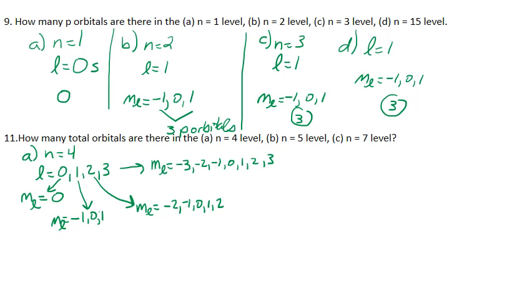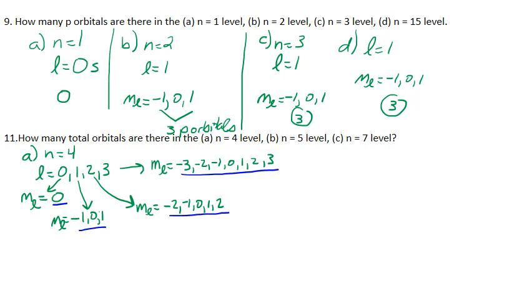Now what this corresponds to is 1 s orbital, 3 p orbitals, 5 d orbitals, and 7 f orbitals.